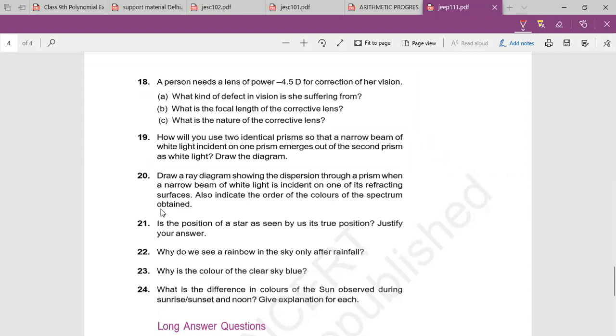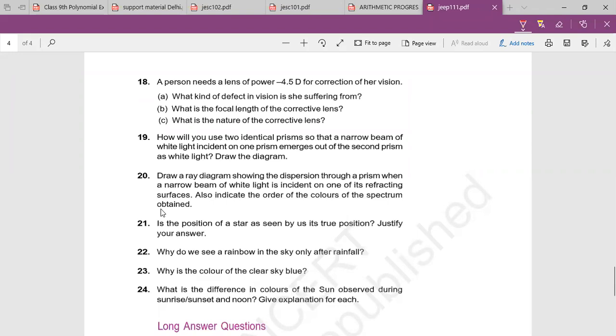By doing so, it bends a lot due to this refraction when it reaches the observer's eye. When we draw an imaginary straight line, we see the star at its apparent position, but it is not the same as its original position. It is higher than its original position.